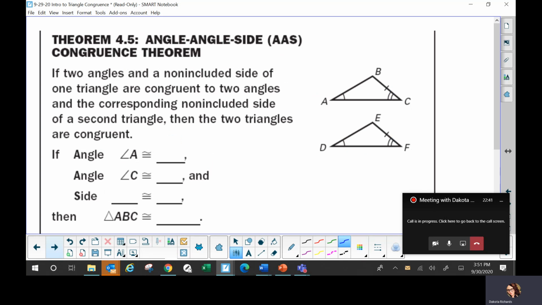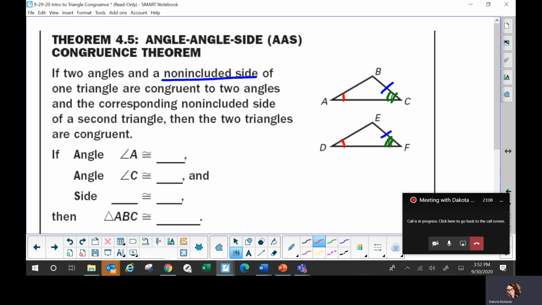All right. Angle, angle, side. This is when you have two angles and a non-included side of one triangle. So if you'll notice, you have an angle, you have another angle, and then you have a side. The side is not in between, okay?